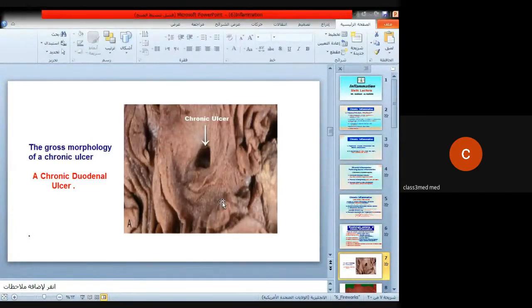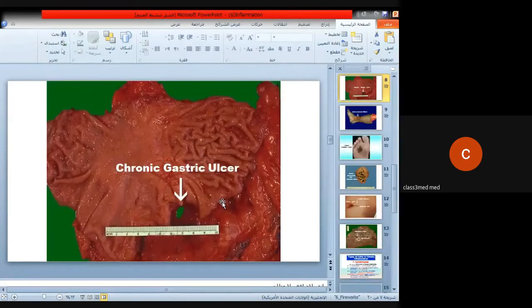It starts as an acute ulcer, and repeated attacks make it a chronic ulcer. This is a stomach with a chronic gastric ulcer complicated with perforation. You see, there is perforation in the wall of the stomach.